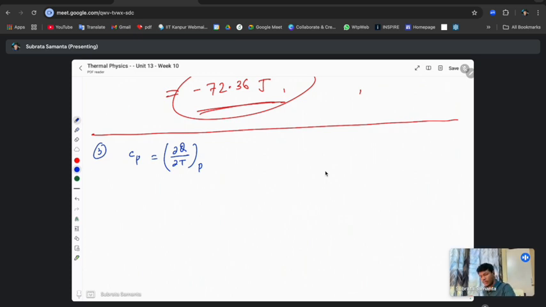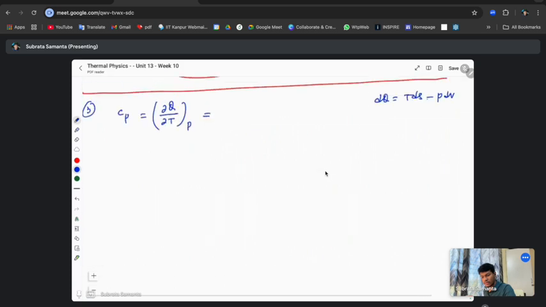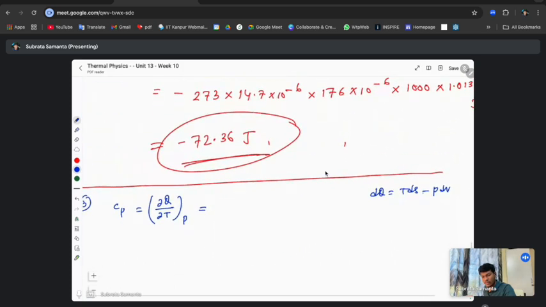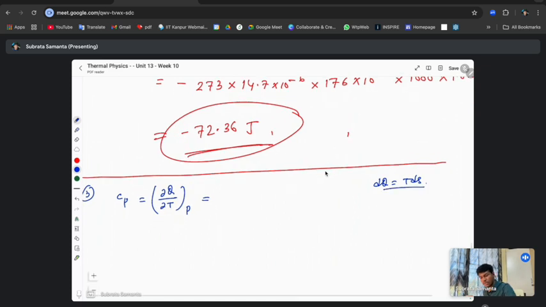Now we know that dQ is basically TdS, since dU is TdS minus PdV. So Cp is T del S over del T at constant pressure. Similarly, Cv is T del S over del T at constant volume.